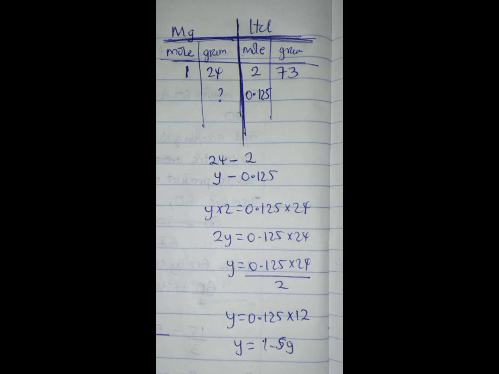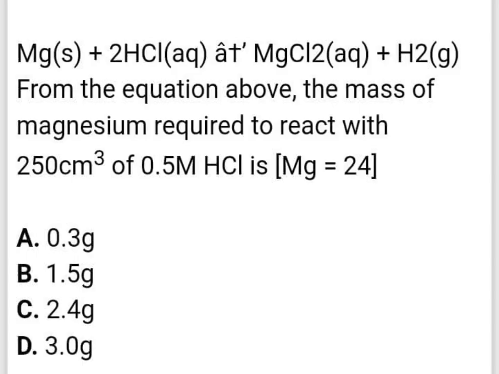So we relate them, we cross multiply, and then you get your answer. So that's how we got the gram: the answer is 1.5 gram, the new magnesium gram that reacts.